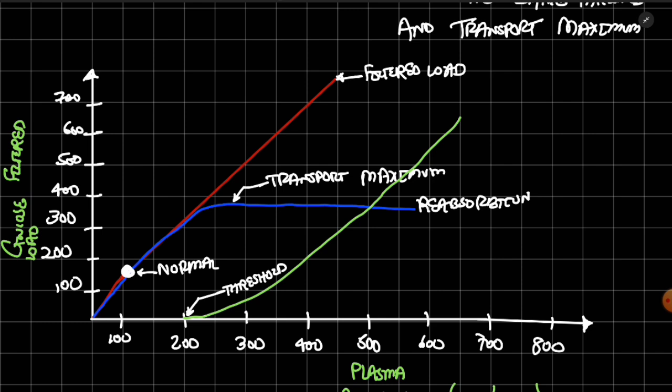The green graph is the excretion of glucose, and the threshold is around 180 to 200. If the glucose in our blood exceeds 180 to 200, glucose appears in urine, and this is known as glycosuria.